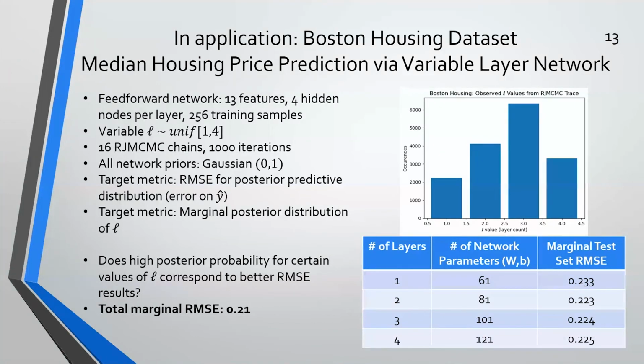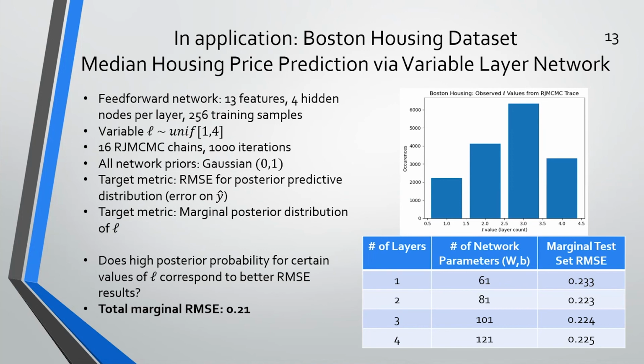And basically it's a regression problem to try and minimize your root mean square error on a test set based on the output of the neural network.